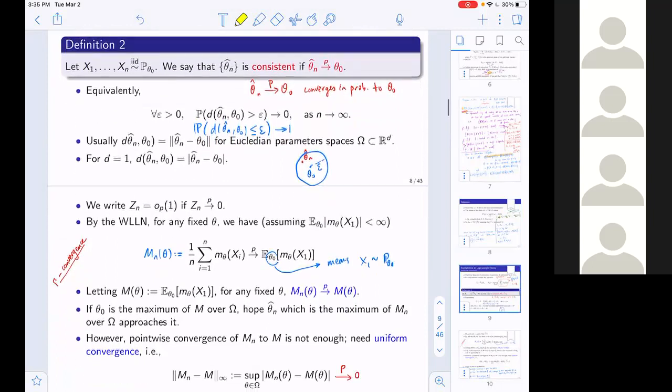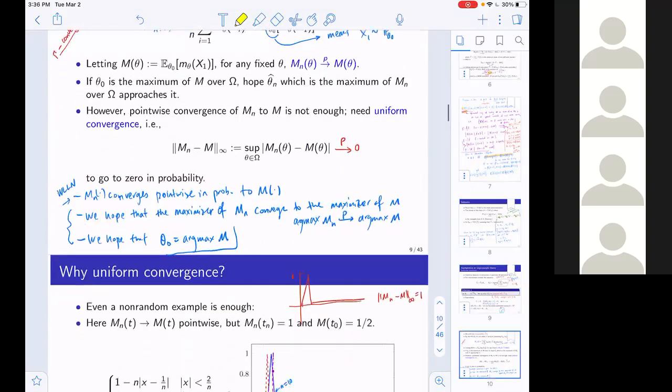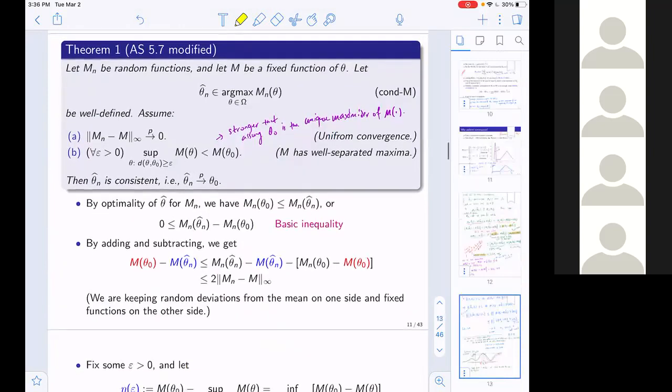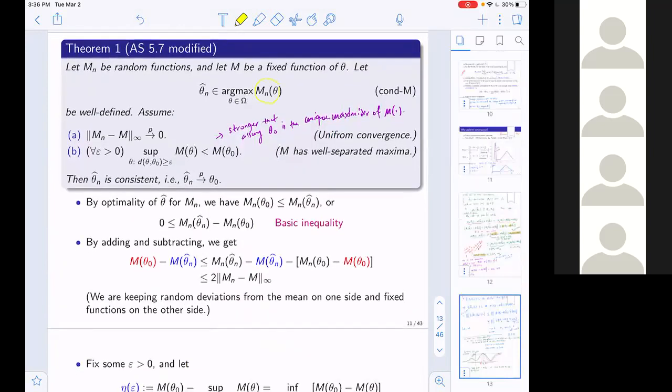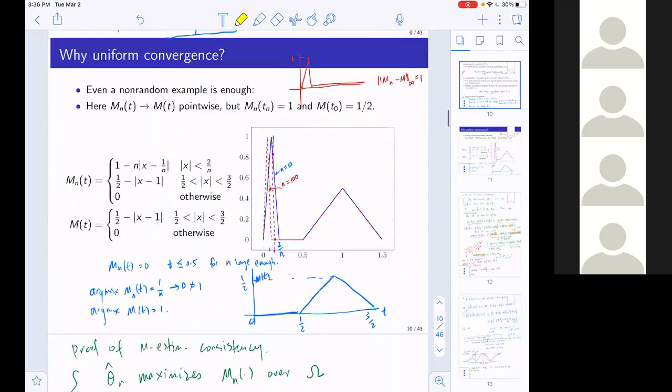And so last time we proved a result that said that if you have a sequence of estimators that are maximizers of some random sequence of random functions, mn theta, as long as we have these two conditions, the uniform convergence of mn theta to some target function m, which is a fixed function, and uniform means the L infinity norm, the supremum norm, if you recall.